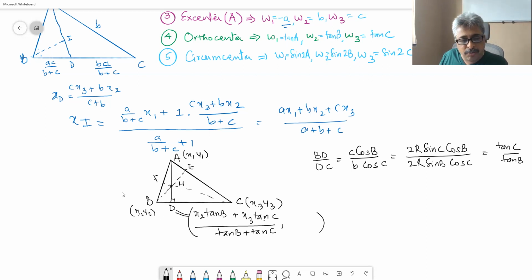Okay. Now, how much is AH upon HD? This is important. This is what will recall your trigonometry, unless you remember those lengths, and that is why we found them at that time. That is the whole purpose of finding out those lengths.